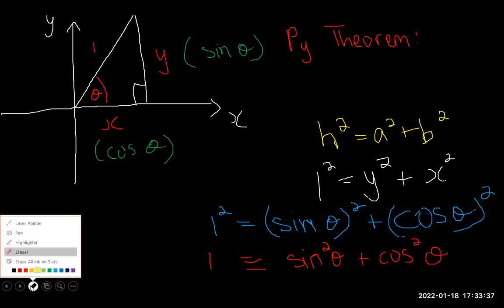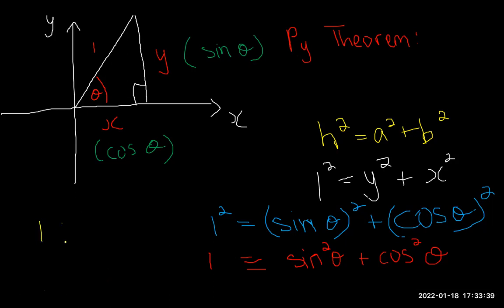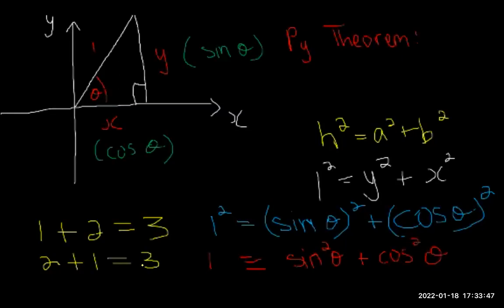Let me use actual numbers. 1 plus 2 is equal to 3. But I could also say 2 plus 1 is equal to 3. It's the same thing. That's why we say addition is commutative. It does not matter which order I put it in. 1 plus 2 or 2 plus 1, both of them are equal to 3. And that's why I was saying here, sine squared theta plus cos squared theta is the same as saying cos squared theta plus sine squared theta.